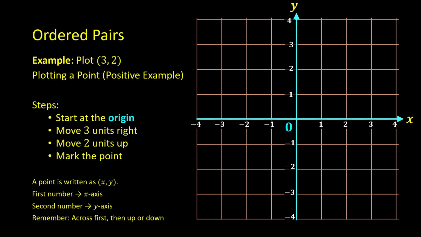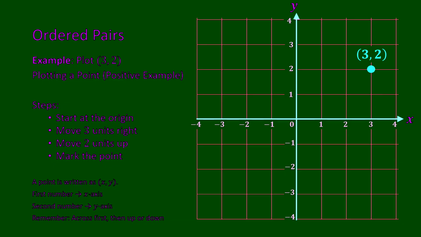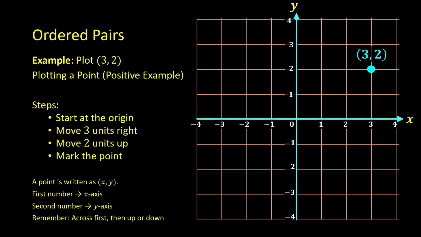So we start at the origin, move 3 units right, then move 2 units up, and mark the point, as shown. Notice that this point lies to the right of the y-axis.